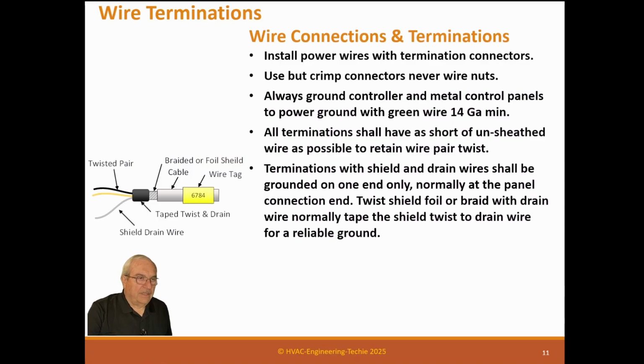We have shielded incoming cables, which is done for sensors or things coming in, or analog input-output, and you'll see that they have this wire and they have a cable on the outside. They have a sheathing, and underneath that is a braided or aluminum foil shield. And this is just real light aluminum foil.